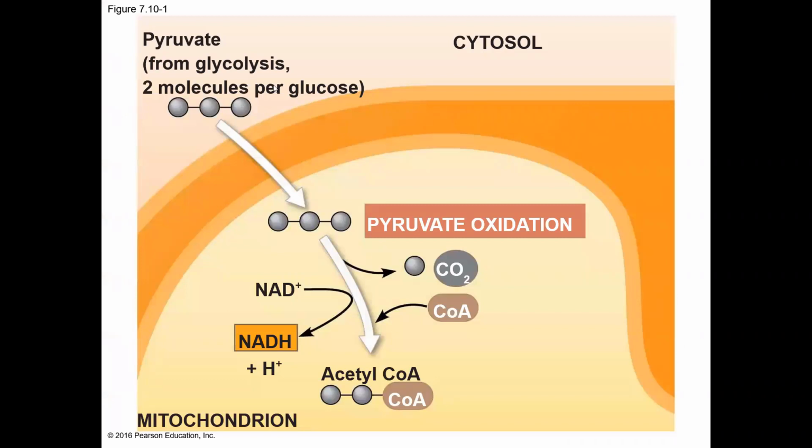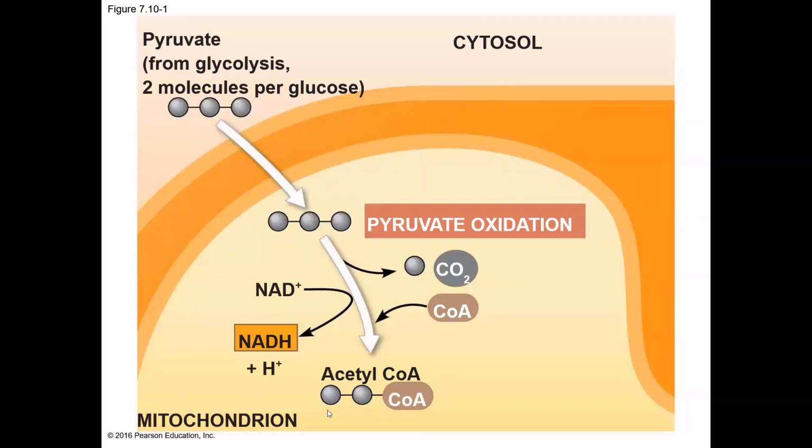So here is another visual. We have our 3-carbon pyruvate from glycolysis in the cytoplasm of the cell. It's going to cross through the membrane of the mitochondrion into the mitochondrial matrix, and it's going to undergo pyruvate oxidation, where one carbon is released to form carbon dioxide.